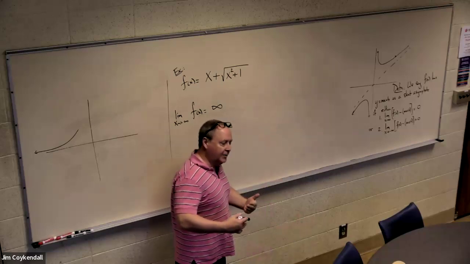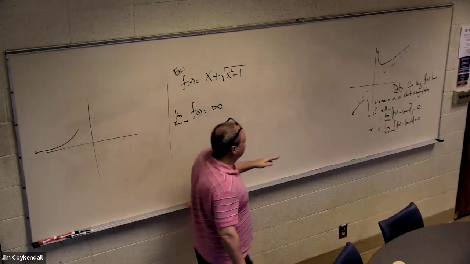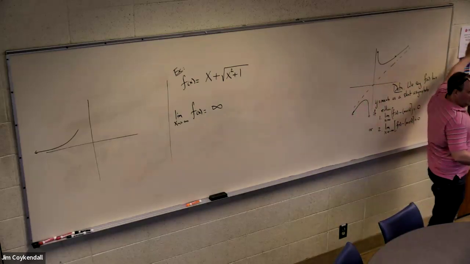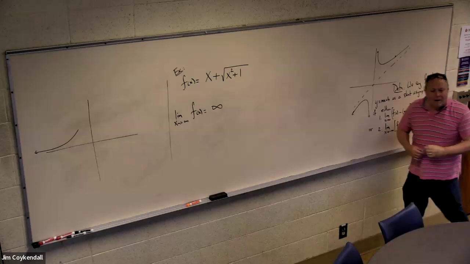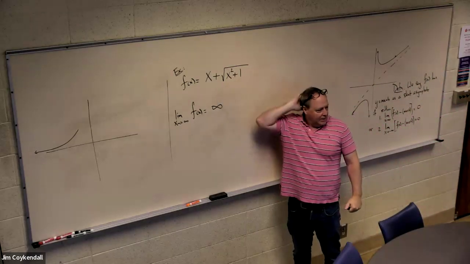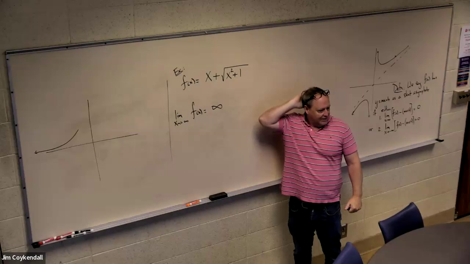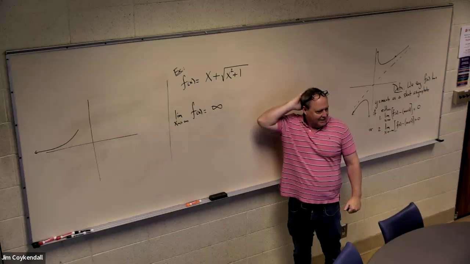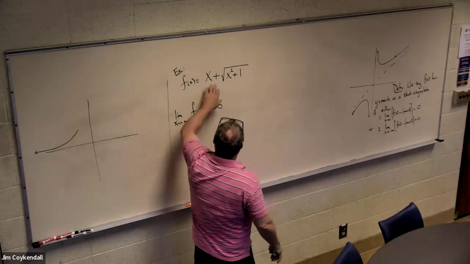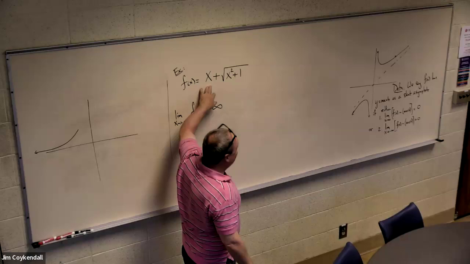A slant asymptote means the function is very, very close to a line. So if x gets very, very large, the function is almost like the line. Anybody want to guess? This one actually has a slant. Think about very, very large values. That's x.